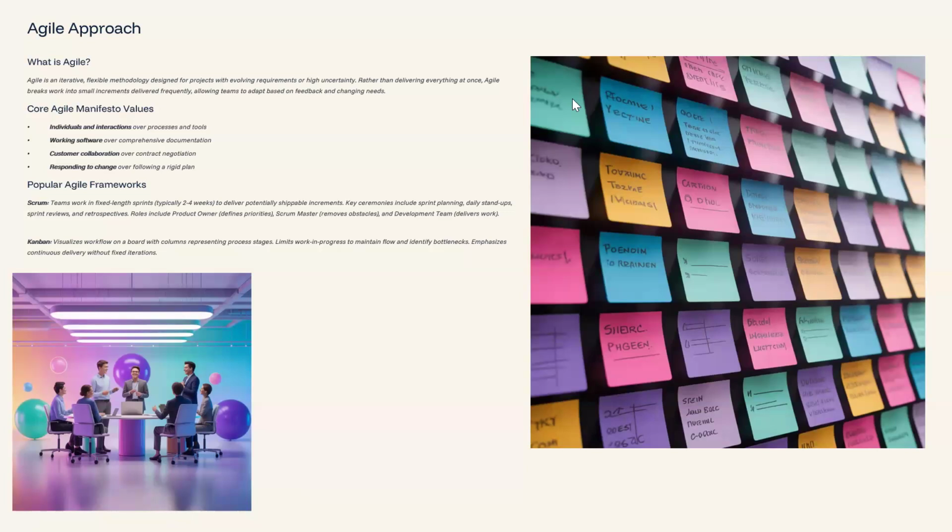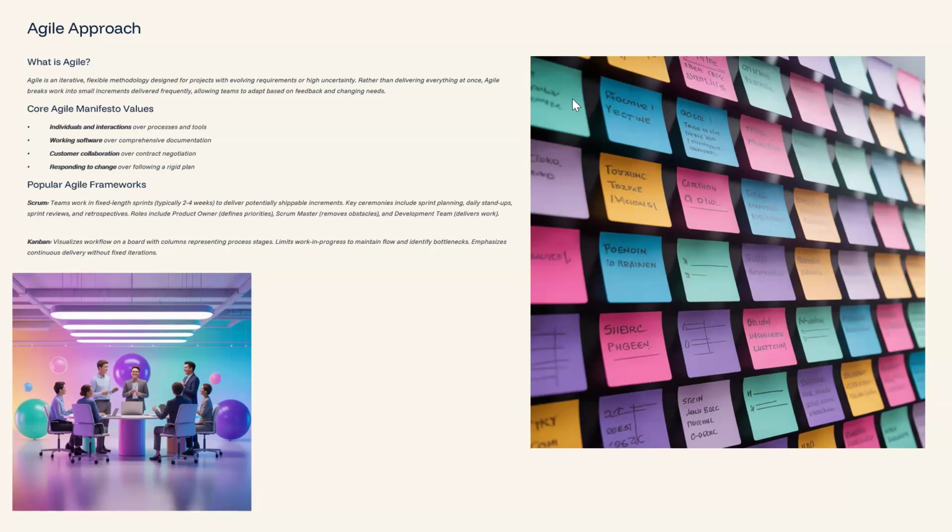So when you're doing a project using an agile approach, you're breaking the whole project into smaller incremental deliverables. Instead of running a whole project, like a whole phase, you break it down and then build upon that.